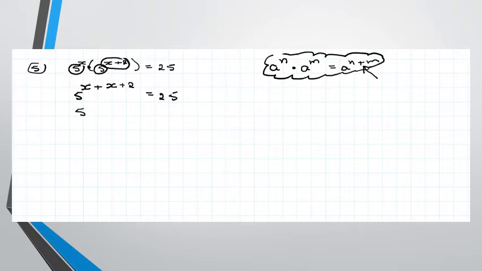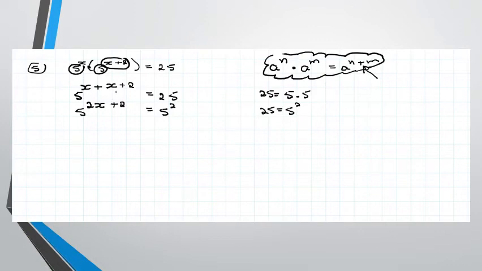The x and the x give me 2x, plus the 2, equals, in the same process, I see that my base on the left-hand side is 5. And I know that 25 is 5 times 5, meaning it becomes 5 squared, which I'm going to substitute, saying it is 5^2.